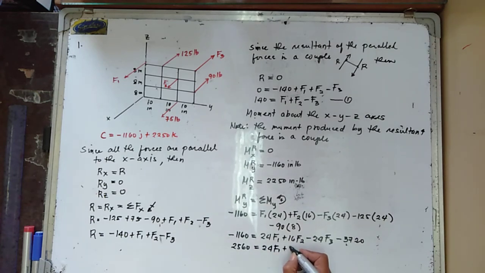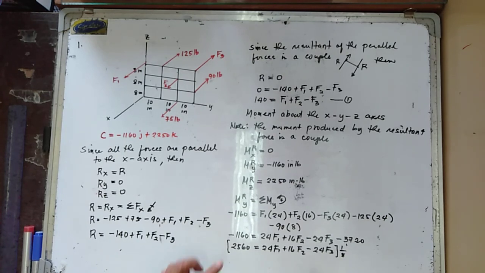So this is equal to 24F1 plus 16F2 minus 24F3. So let us multiply both sides of the equation by 1 over 8.